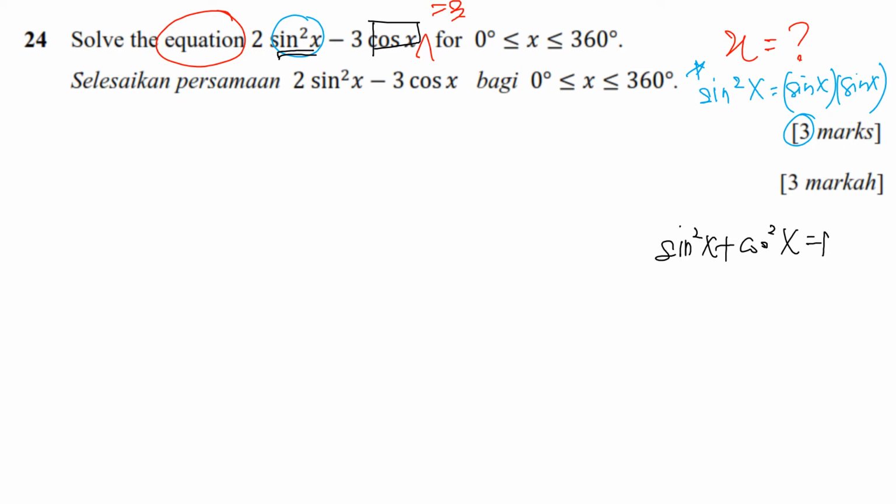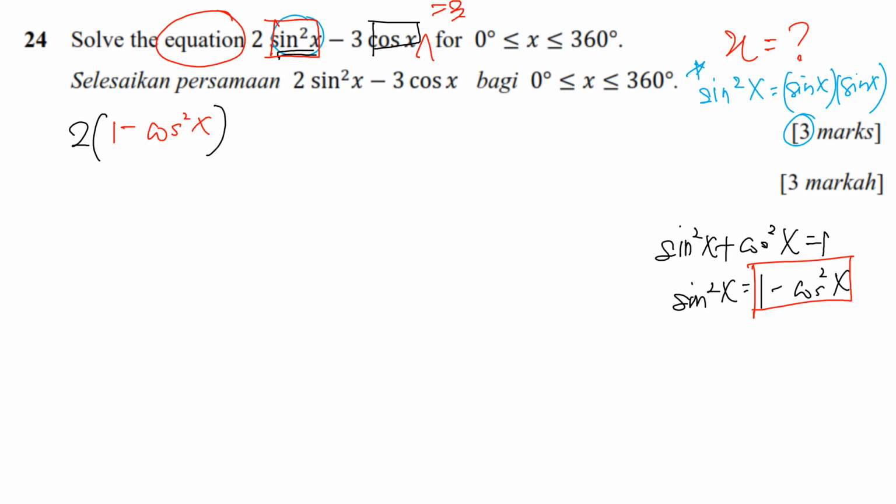Now make sine squared x the subject, it will be 1 minus cos squared x. Substitute this into here: 2 in the bracket, 1 minus cos squared x, close the bracket, minus 3 cos x equals to 3.